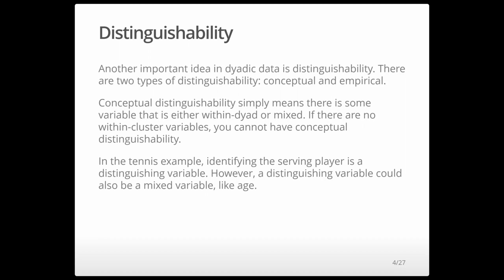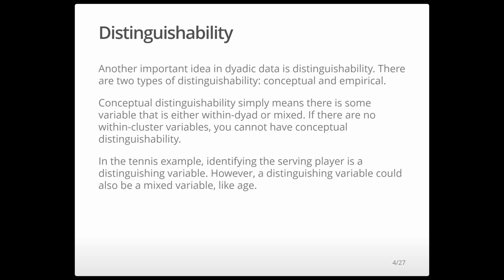Another important idea in dyadic data is distinguishability, and there are 2 types: conceptual and empirical distinguishability. Conceptual distinguishability means there's some variable that is either within-dyad or mixed. Essentially, there's some way of identifying one of the members of the dyad as compared to the other across all dyads.